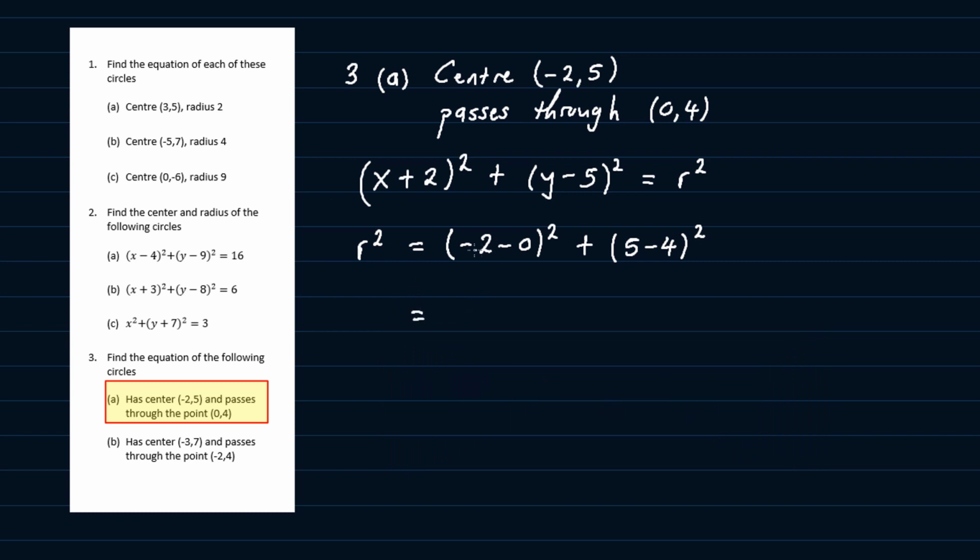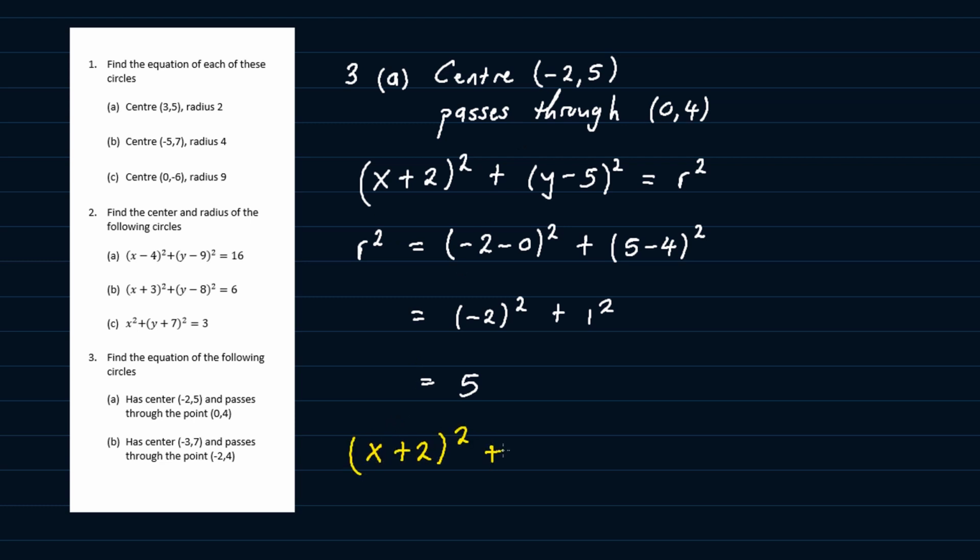This will give us minus 2 minus 0 is minus 2. So that's minus 2 squared, that's 4, plus 5 minus 4 is 1, and 1 squared is 1. So 4 plus 1 will give us 5. So eventually we will have the equation of the circle come out as x plus 2 squared plus y minus 5 squared is equal to 5. So that's how we do it.